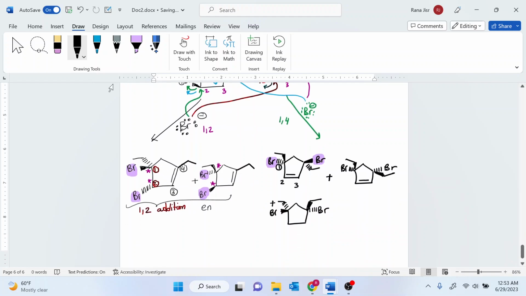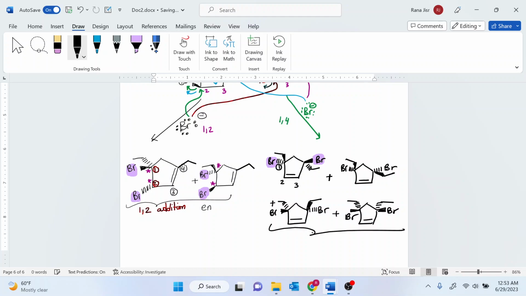Okay, notice that both the bromines and the ethyl groups are trans with respect to each other. Plus, the bromine can be cis. The ethyl is going to be at the back. Over here, here you go. So this is your alkene in there.